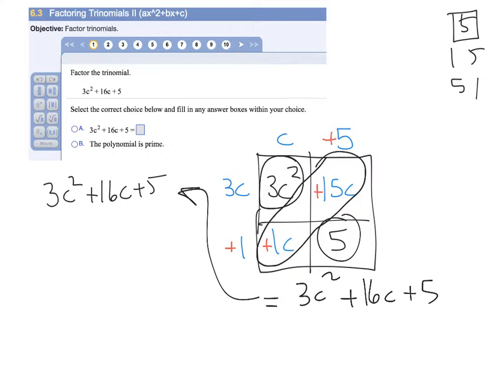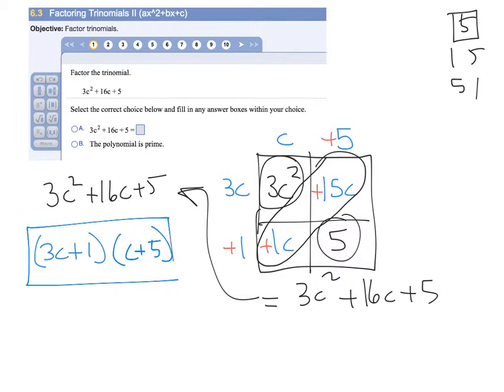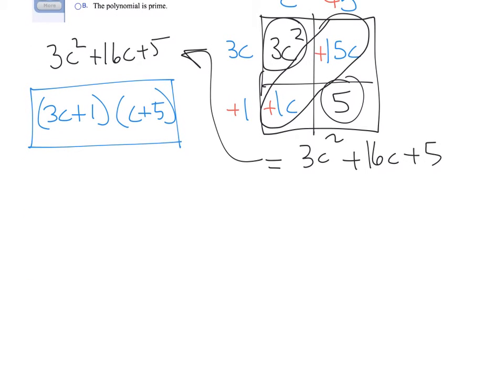So what are our factors? 3c plus 1, that's this guy right here, and then c plus 5. And that is our factor. Now, how can we check if we're right?